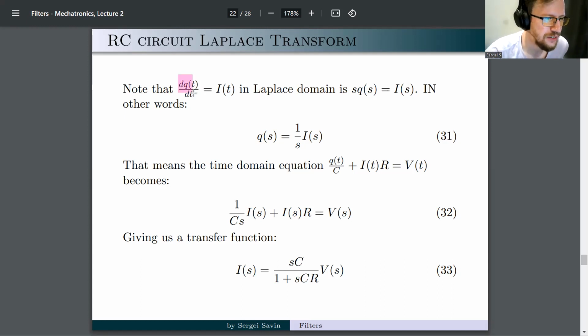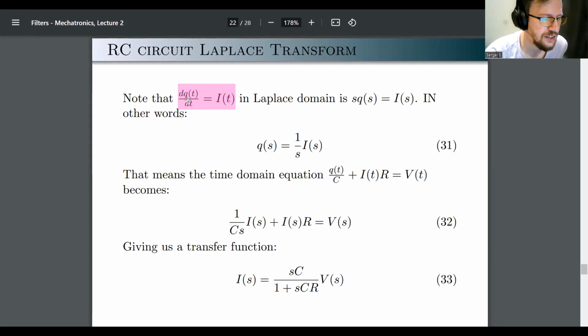So remember again, we have this equation that relates the derivative of the charge to current. They're the same thing, right? In the Laplace domain, derivative is s. So it means s times q in the Laplace domain is equal to I in the Laplace domain. So the same equation in the Laplace domain looks like this.